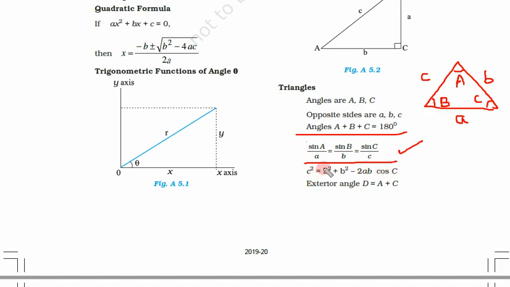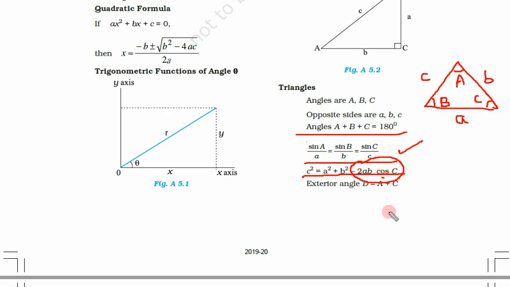c square is equal to a square plus b square minus 2ab cos C. This is true for any triangle. This is very similar to Pythagoras theorem, but in Pythagoras theorem this term was 0. Why?